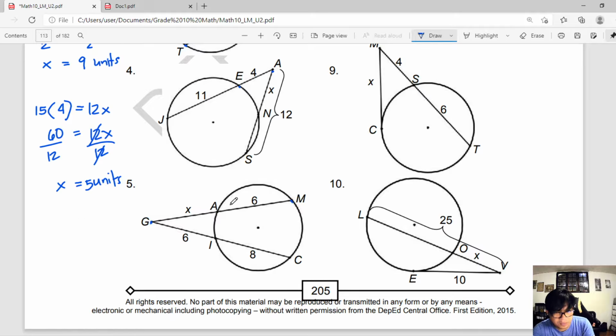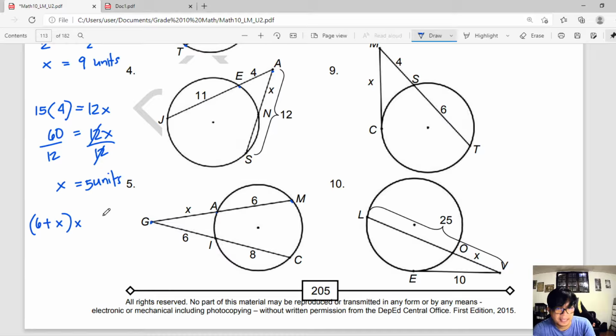The measure of this one is 6 plus x, right? We add them. So the measure of this one is 6 plus x, times the measure of the external secant segment, which is x.